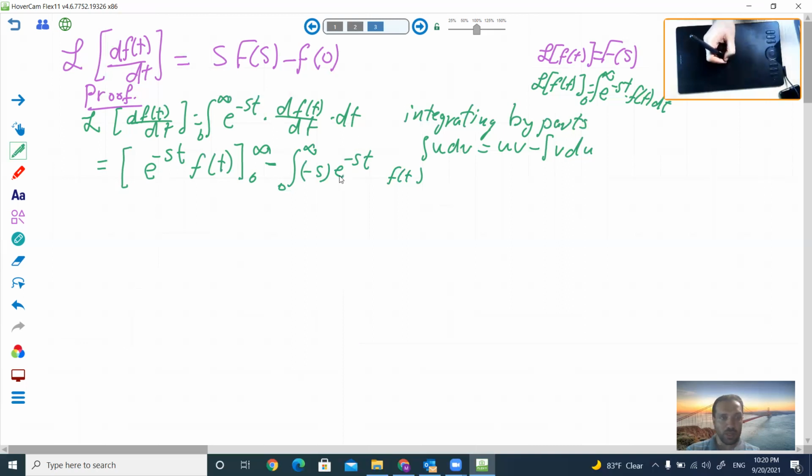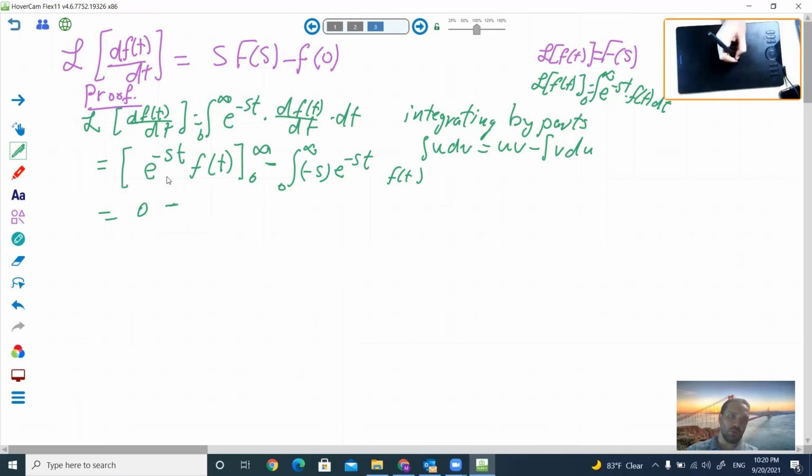So let's substitute. Applying this infinity here, the first term will be 0 because e to the power negative infinity is 0, minus substituting with 0.